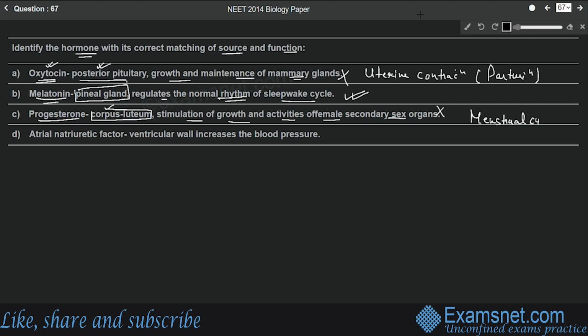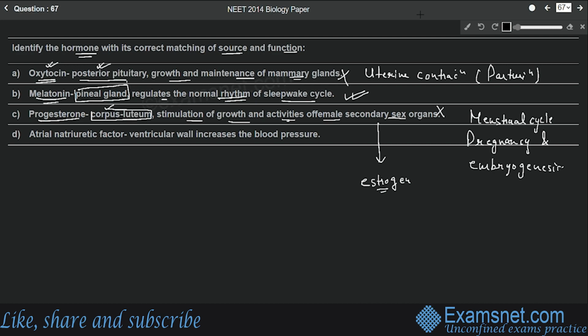The role of progesterone comes into effect during the menstrual cycle, then pregnancy and embryogenesis. But which hormone is responsible for the activities of female secondary sex organs? So it is estrogen, not progesterone. So this is also an incorrect match.